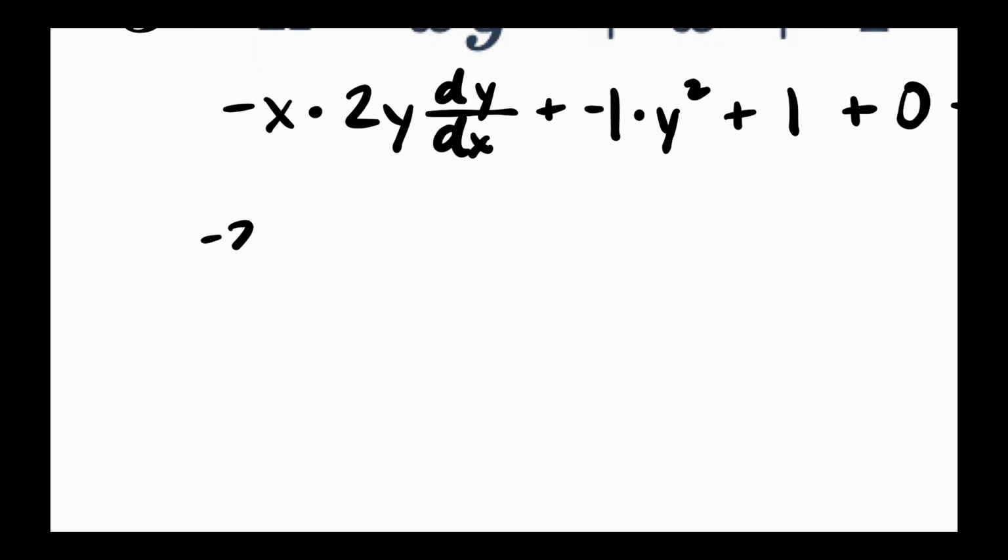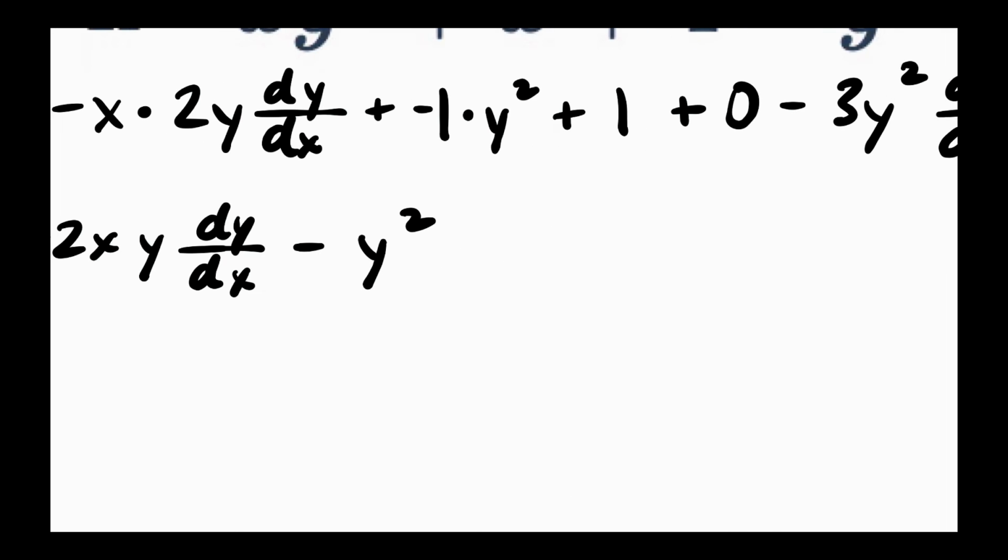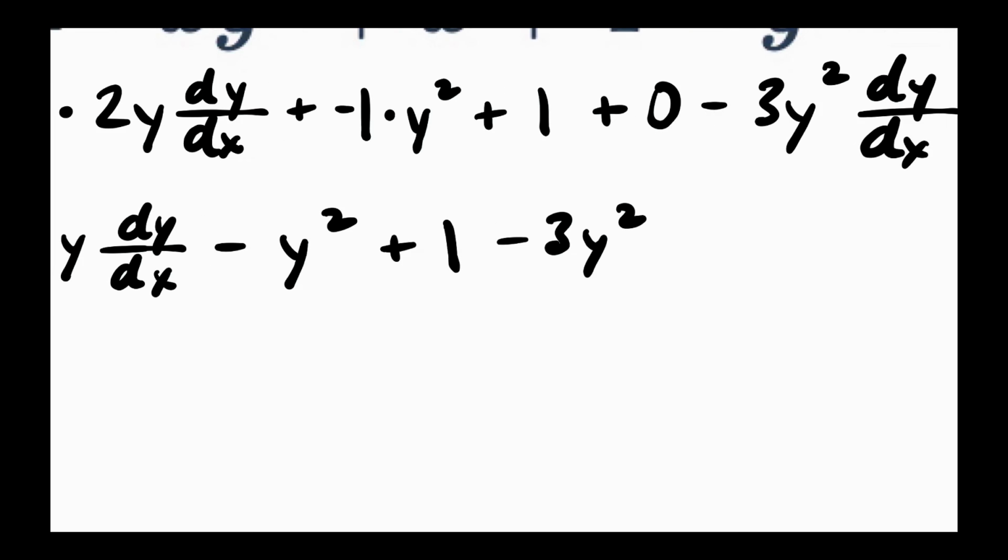So I'm going to say negative 2xy dy dx, because that's how it probably will be presented on a multiple choice problem. And then the next one is negative y squared because it's negative 1 times y squared, minus y squared. Plus 1, there's no 0. I don't need 0. Minus 3y squared.